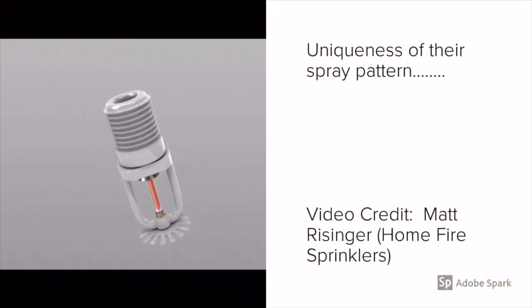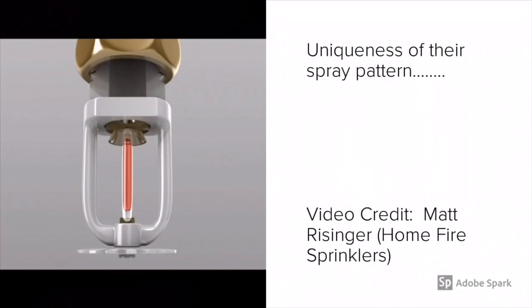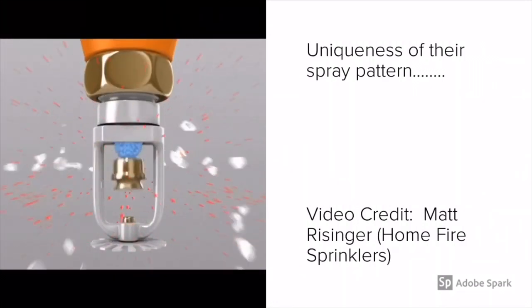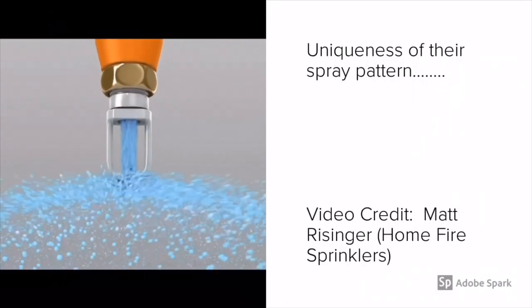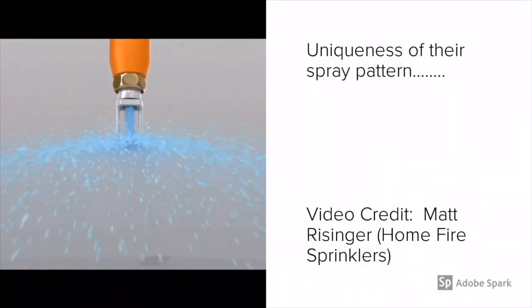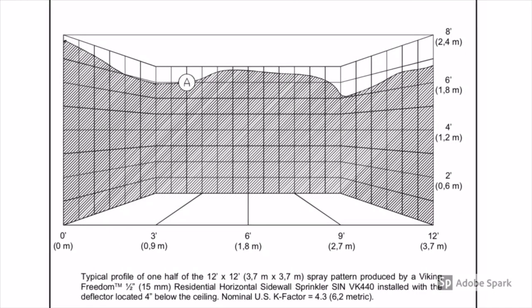So let's talk about the uniqueness of a residential sprinkler head spray pattern. Their spray pattern is specifically suited for residential hazards, as I mentioned earlier. Residential style sprinklers throw more water to where it's needed along and up the edges of a room, because typically in a residential room or dwelling, more is situated around the perimeter of a room than in a commercial application.